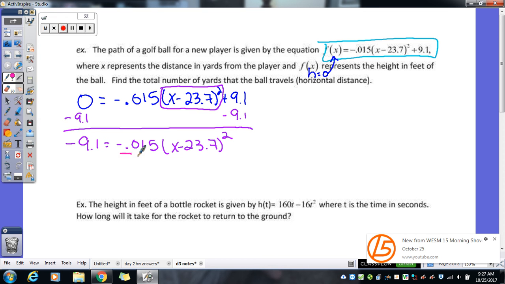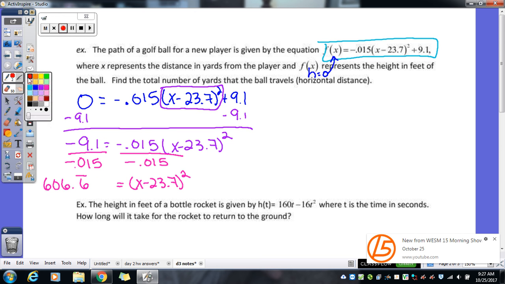Divide. 606.6 repeating. Okay. So now, as I said, my whole plan was to do this so I could take the square root of both sides.